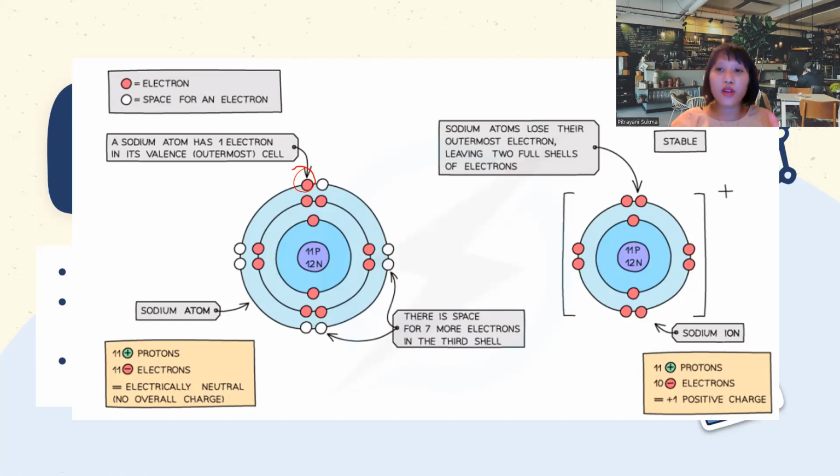They have full valence electrons in the last electron shell. So the sodium atom loses its outermost electron, leaving 2 shells that are full of electrons. This configuration makes the sodium more stable, and this is what we call the sodium ion.